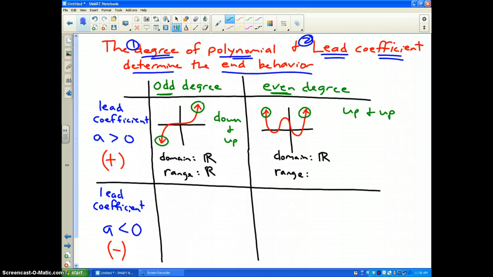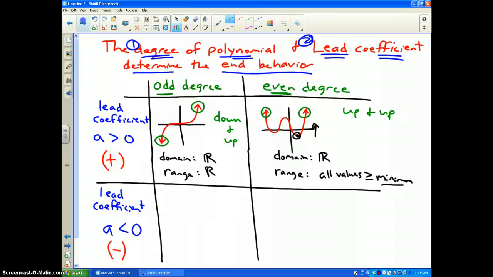However, the range is going to be all values, whatever they are, all values have to be greater than or equal to whatever the minimum is. The minimum being, for instance, this point right here.